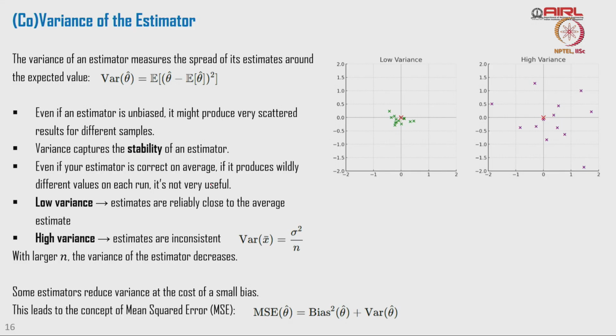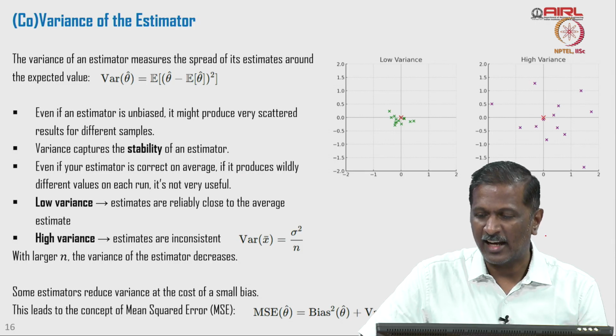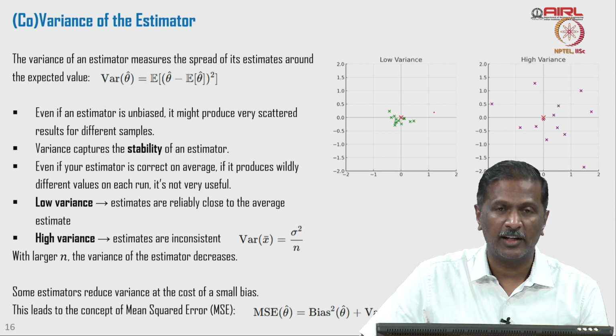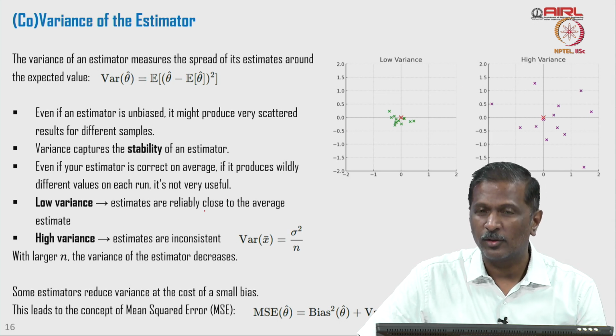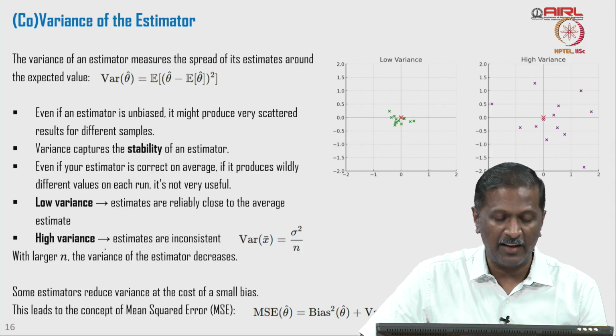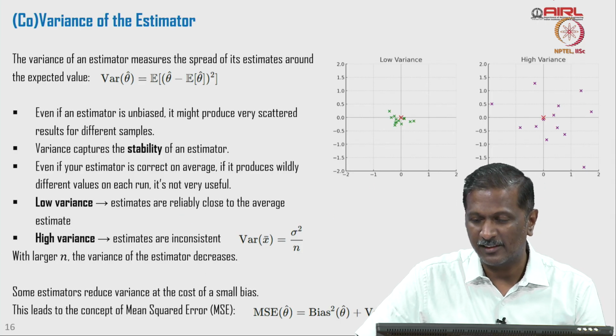Even if the estimator is correct on average, if it produces widely different values on each run, it is not useful. Think about it: I am at a height of 1.8, and every time it says 1.7, 1.4, and so on. If the variance is high, it is not really useful. Low variance estimates are reliable and close to converging. High variance means they are inconsistent.